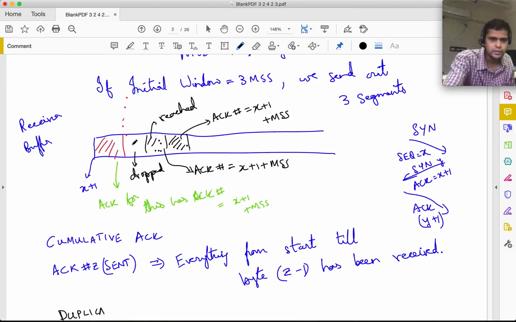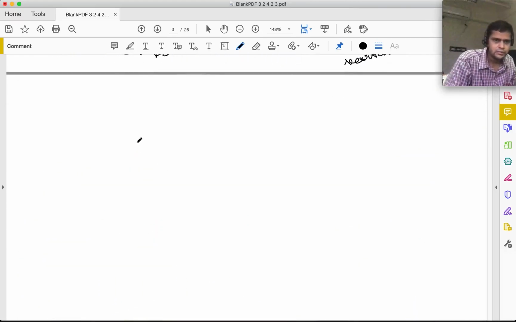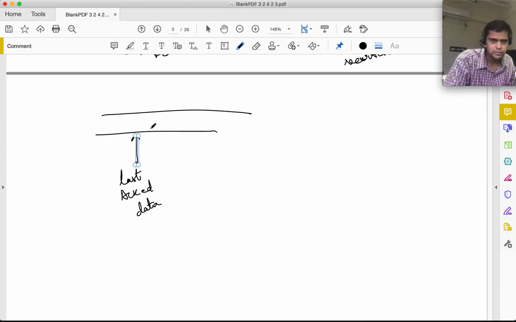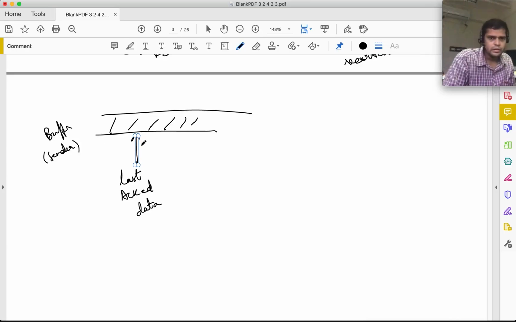So normally, if this is the last acknowledged data, this is the buffer at the sender, you are allowed to have window bytes beyond this which have been sent into the network.